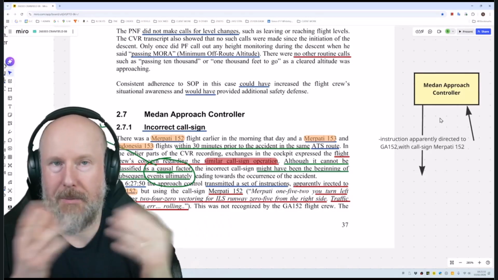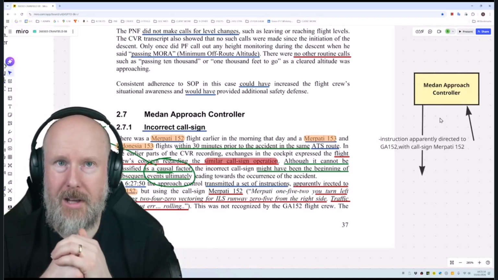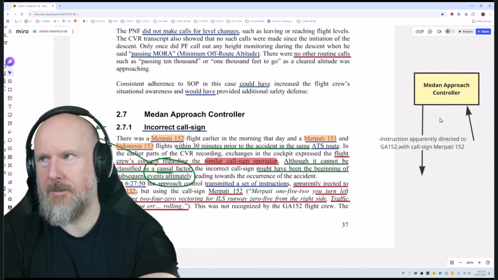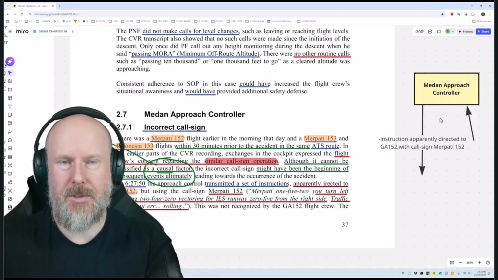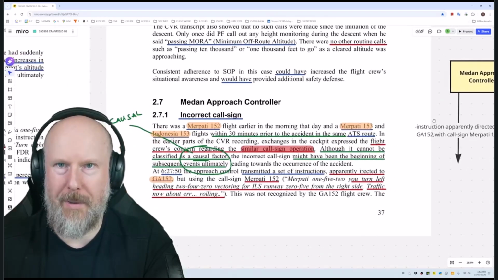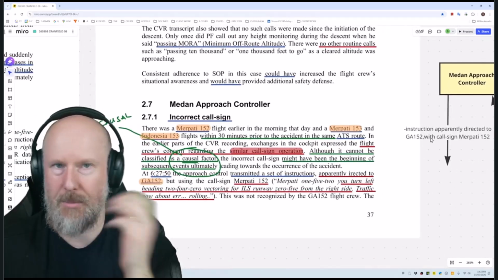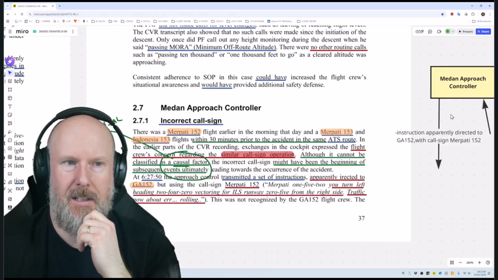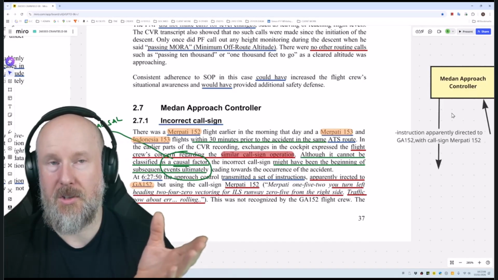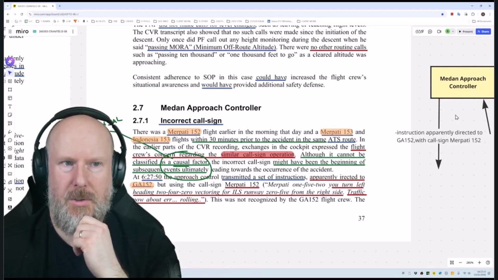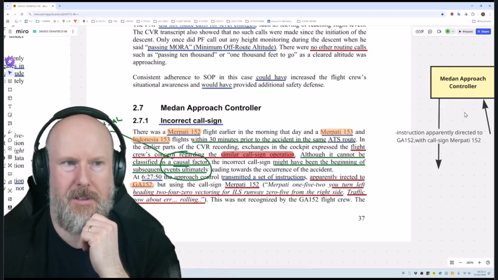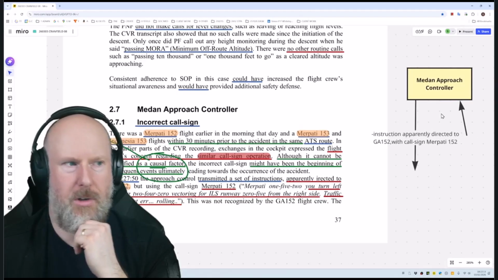There's already the concept that they both got the same number, 152, and I'm sure all the human factors experts that watch these videos will be able to talk about this in a lot more detail than I possibly can. But there are some human factors aspects here that would conspire against the controller to talk about the wrong aircraft and provide instructions to the wrong aircraft.